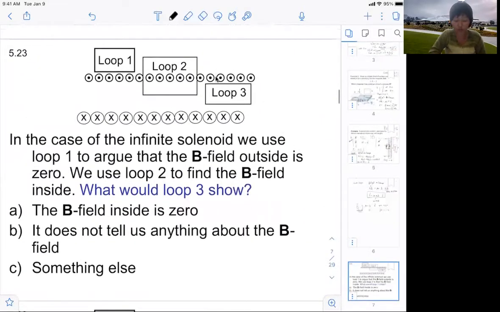So if I ask you, what if you draw a loop 3 inside? Let's say you don't have a particular order of knowing which loop to draw first. You just draw a loop 3 and apply Ampere's law on it. What kind of results do you think you will get? Based on what we did previously, you should be able to answer this question, so I'm going to let you vote.